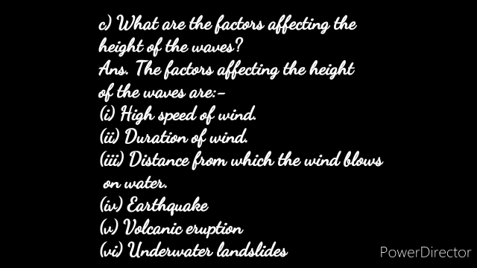Okay, now next is C number. What are the factors affecting the height of the waves? Means we have to state the factors which affect the height of the waves. See the answer. The factors affecting the height of the waves are: first number is high speed of wind, second is duration of wind, third is distance from which the wind blows on water, fourth earthquake, fifth is volcanic eruption, and sixth is underwater landslides.